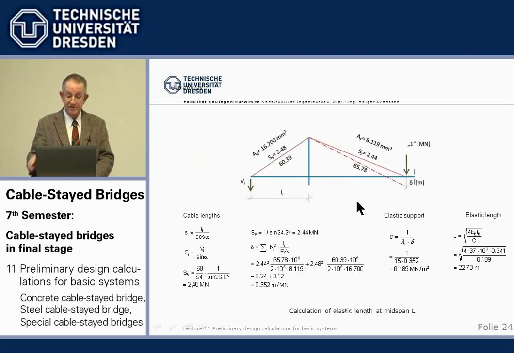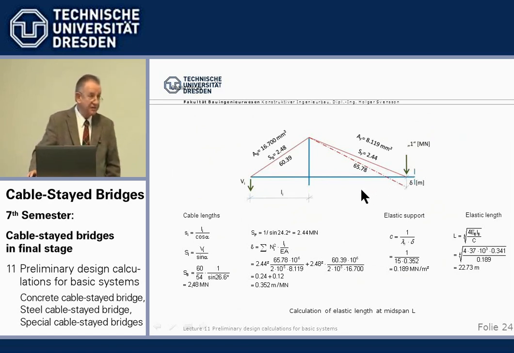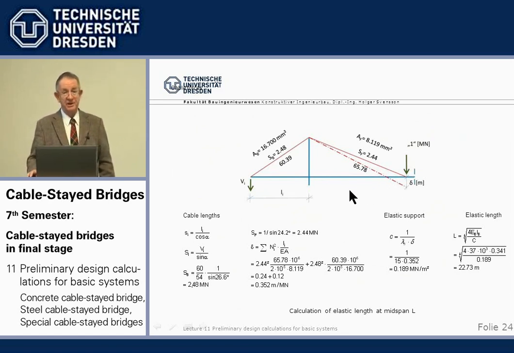So it works. Now, how do we calculate this elastic length, which we need? Well, we use the following parameters, and I always found it helpful to make this little sketch. I write here the steel area. I write here the cable force from 1 and the length. One step back.